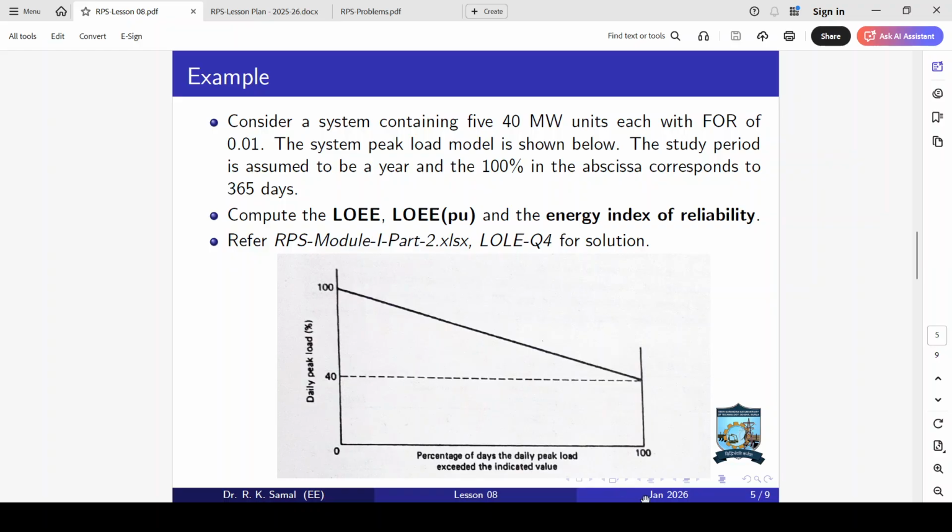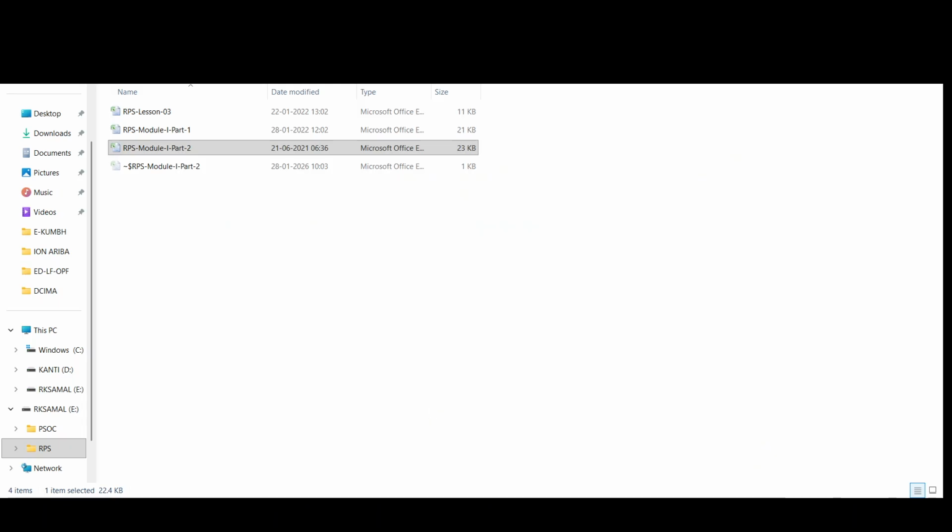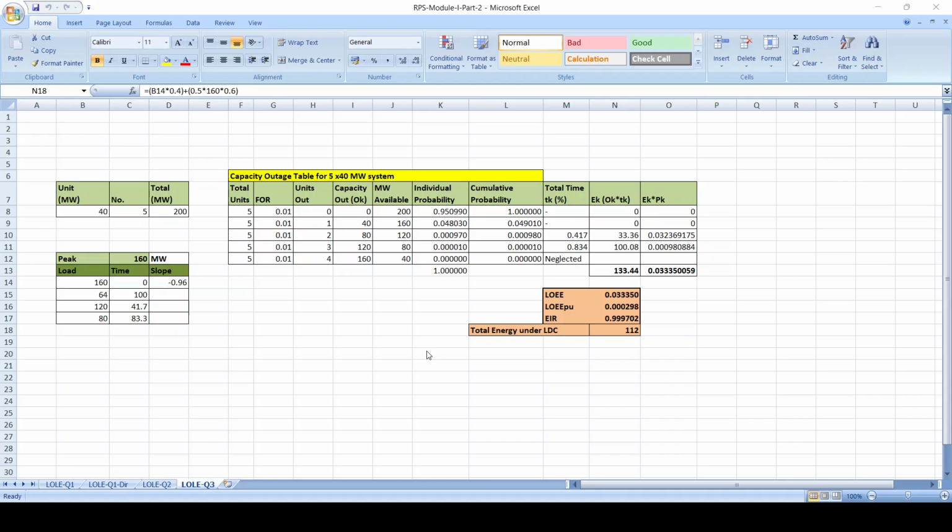So to make it clear, I'll go again to the Excel sheet. Okay, so this is the Excel sheet. So as you see here, I have told you what is this total area, 112.